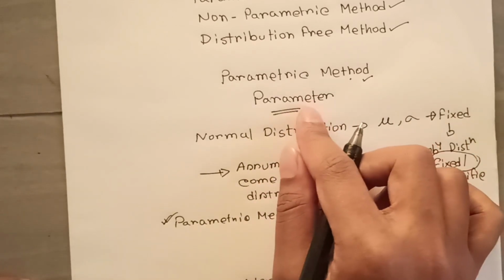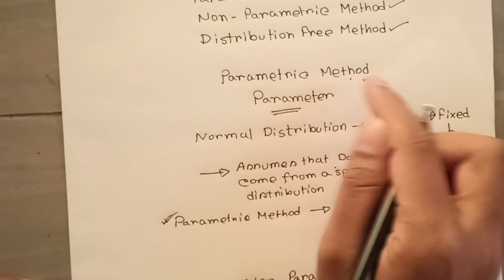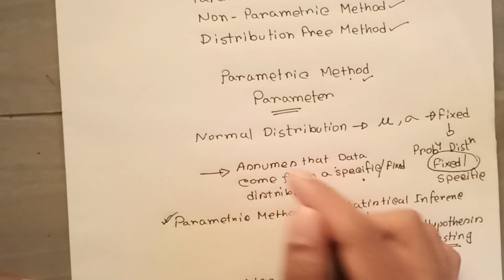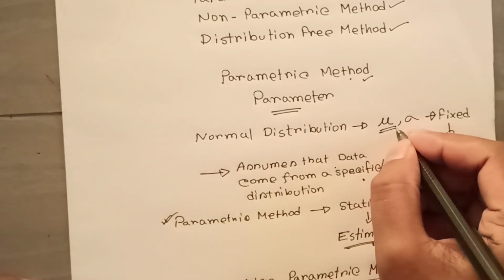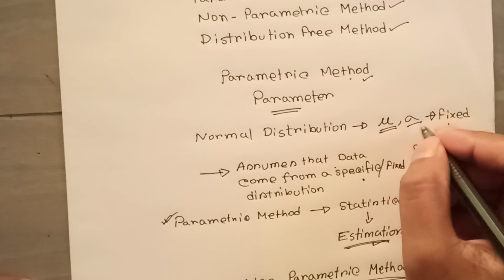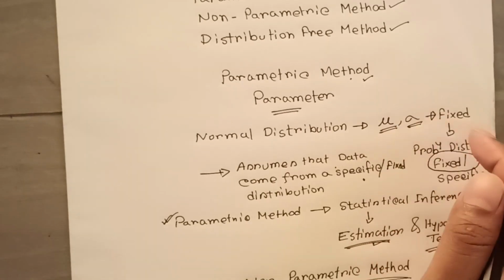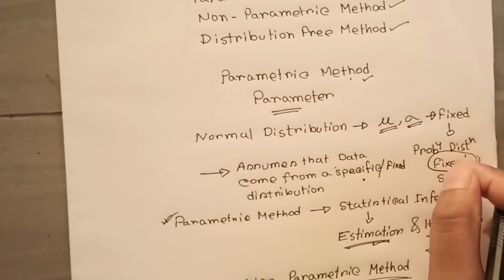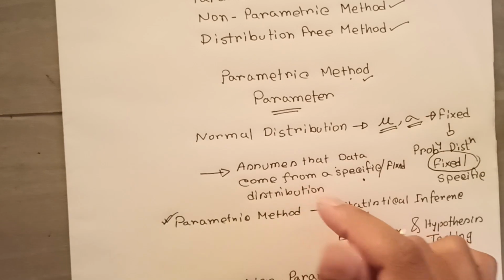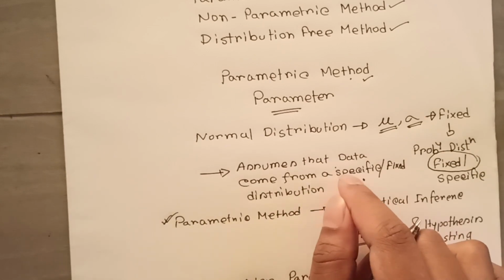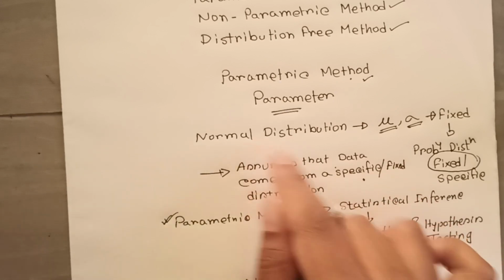The vital role of the parameter gives the method its name. We observed using the normal distribution that it has two parameters, mu and sigma, and both parameters are fixed, which makes the probability distribution of the normal distribution fixed. That makes an assumption that data come from a specific distribution.